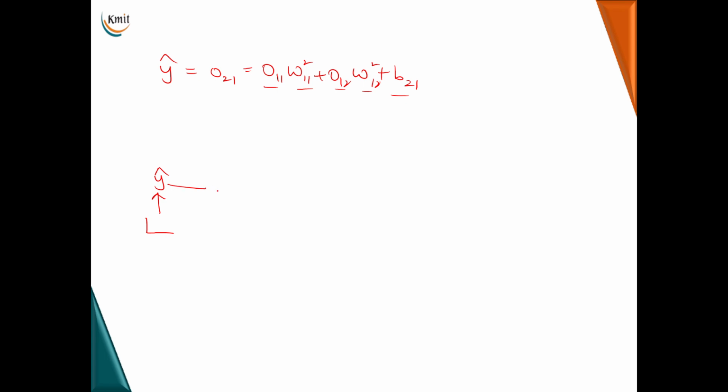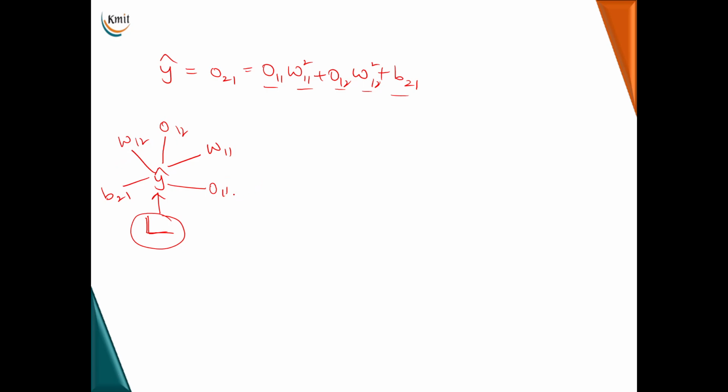So I can vary y hat by varying O11, by varying W11, by varying O12, W12, B21. This is a hierarchy I have formed here, because to vary this loss function, I will vary y hat. To vary y hat, I need to vary all these 5 parameters.